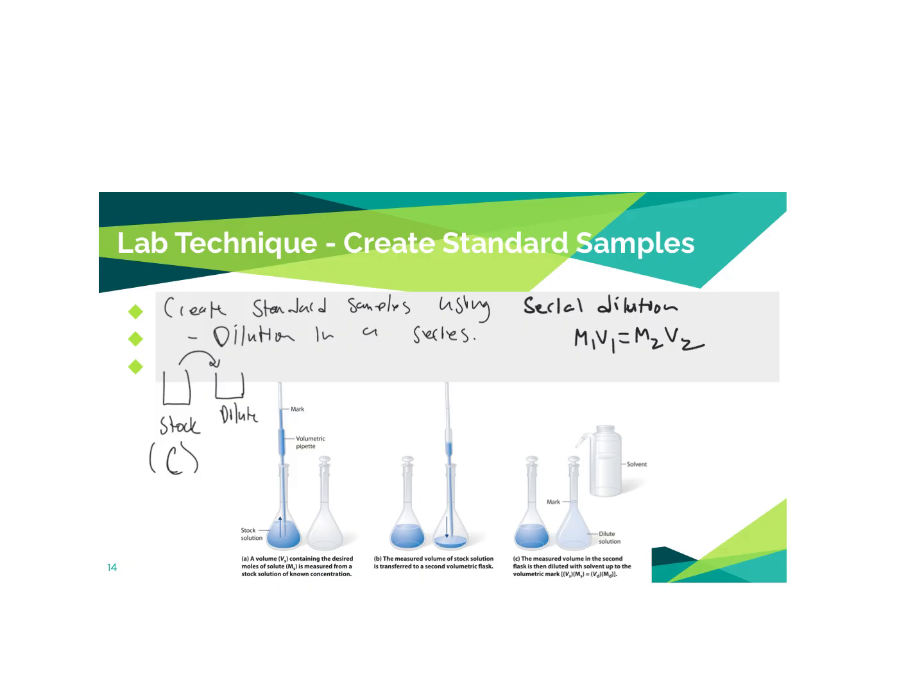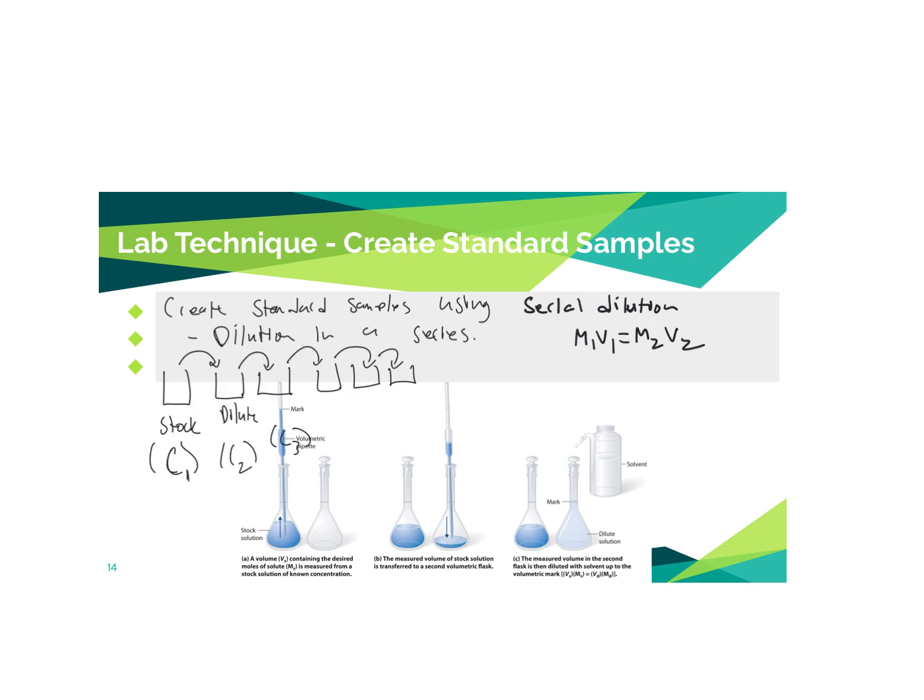And then what you do is instead of taking from this stock, if you want to make your solution 2, and so the stock will be at concentration 1, your first diluted will be at concentration 2. Your second one, you'll take from this one and dilute there. And you will continue on and on. And this method just creates much fewer errors.